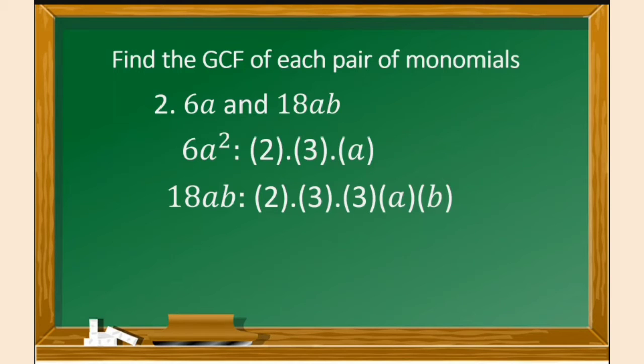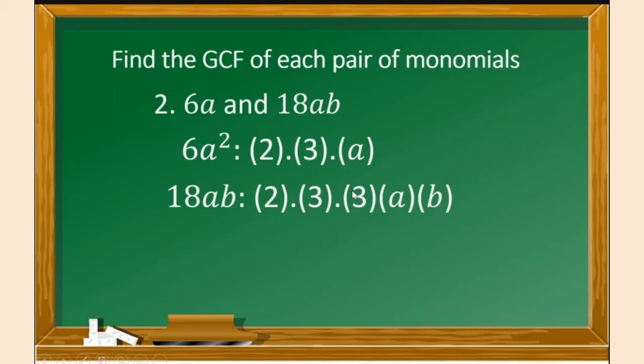How about the variable? Copy the variable a of our 6a and bring down the variable a and b for the 18. Now, titignan natin kung ano lang ba yung common nila. Ano yung common nilang dalawa? So, as you can see, we have 2, 3, and si 18, merong dalawang 3.